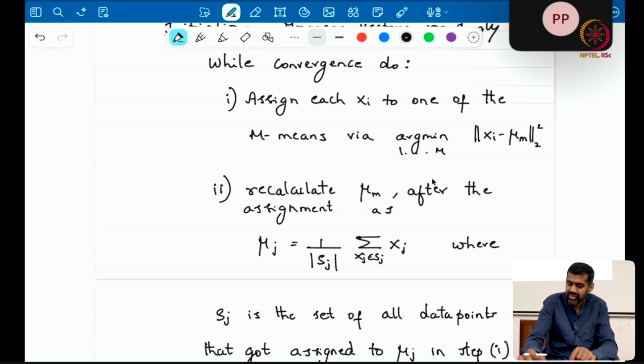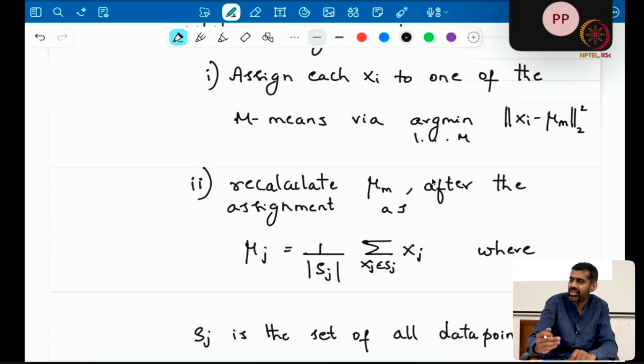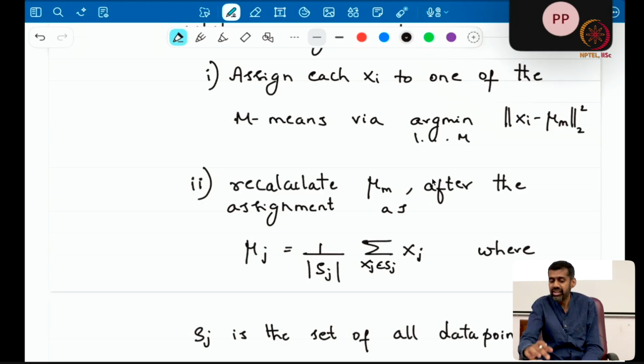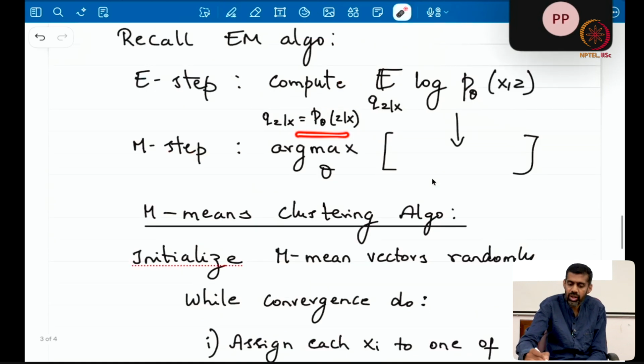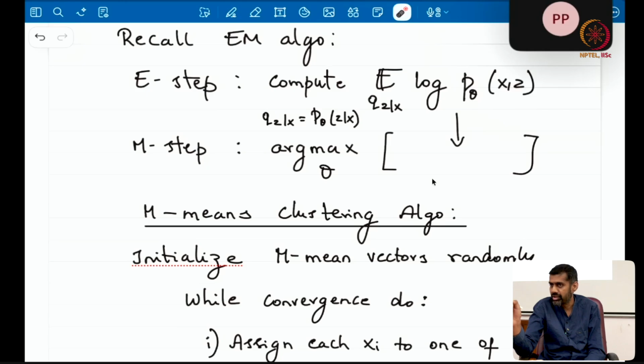Now my claim is that these two steps are exactly the expectation and the maximization steps. Can somebody tell me where is the expectation and where is the maximization happening? Step 2 is expectation, step 1 is maximization, right. Assignment is maximization, because why? Starting with p theta of z given x, which is one cluster assignment, because now z is discrete and we are looking at Dirac deltas.